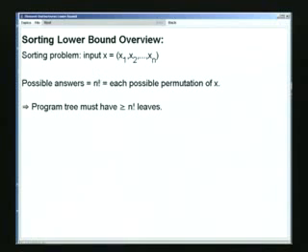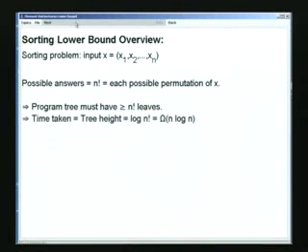So if your program tree is even to be capable of printing n factorial different answers, it had better have n factorial leaves. But then the height of the tree has to be at least log of n factorial, which is n log n. The height of the tree is the worst case time, and therefore the worst case time taken is at least n log n. So this is a rough sketch of the argument that we saw last time.